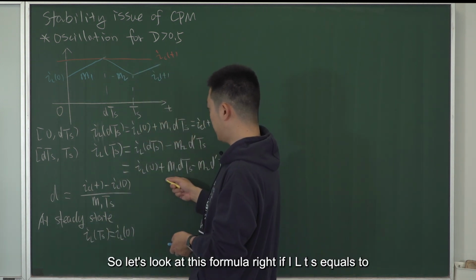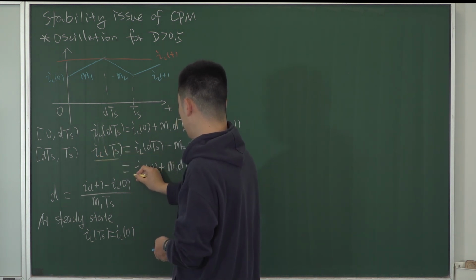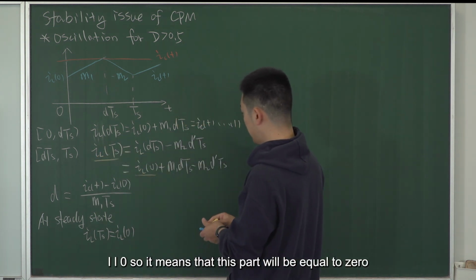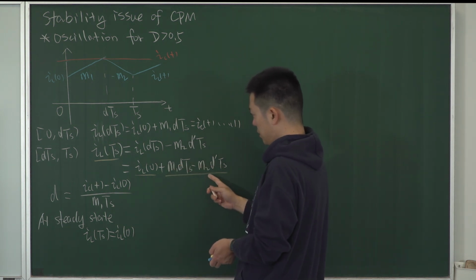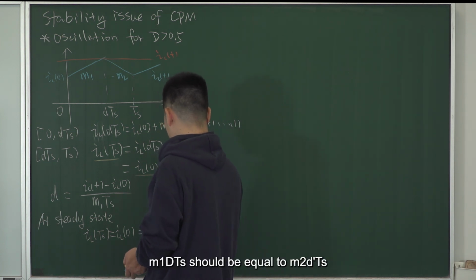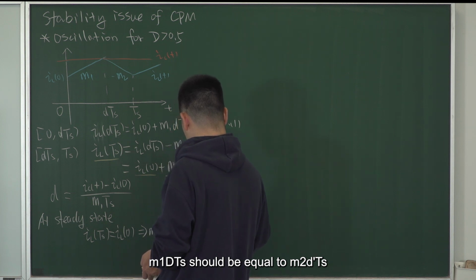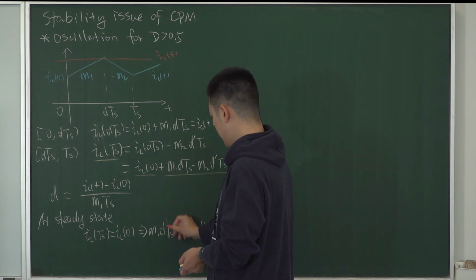Let's look at this formula. If IL(TS) equals IL0, it means that this part will be equal to 0. So we rearrange this formula, and we will see that M1 DTS should be equal to M2 D prime TS, and the TS can be cancelled on both sides.